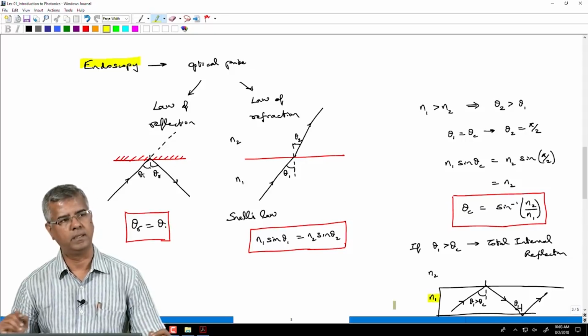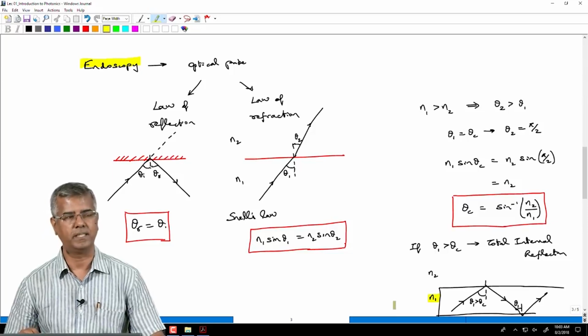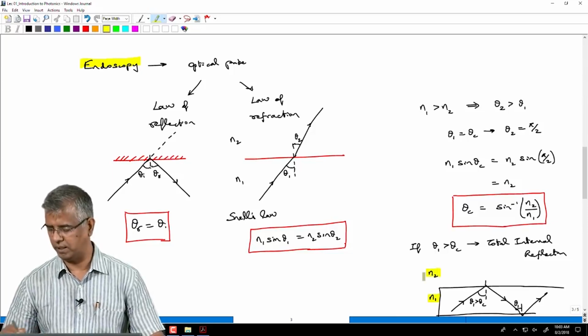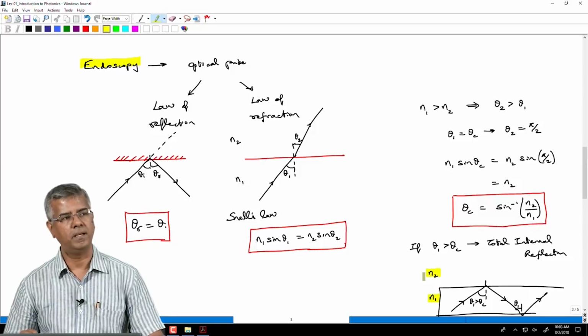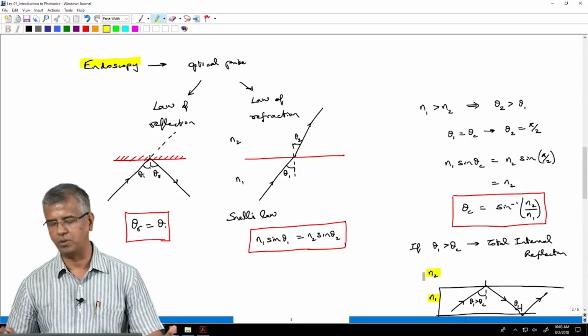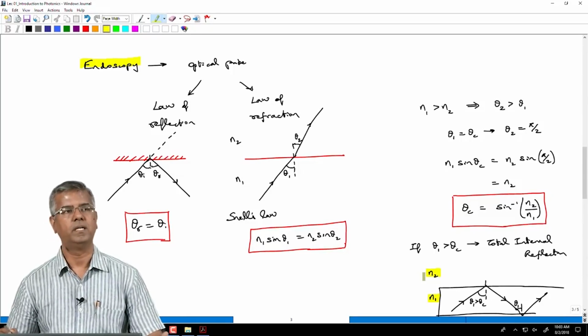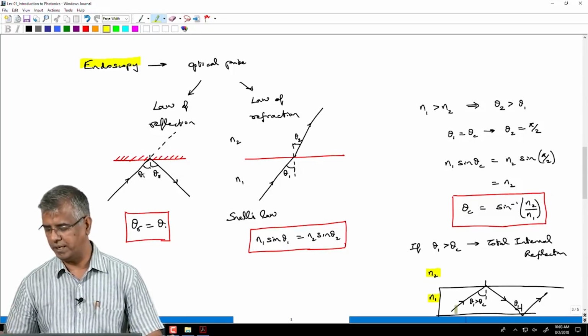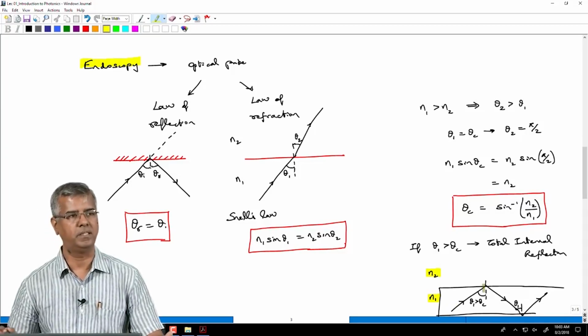a material with refractive index N1, which is surrounded by another material with refractive index N2, and then we said we could have total internal reflection at the interface if the angle at which the light ray hits the interface is greater than the critical angle, right.